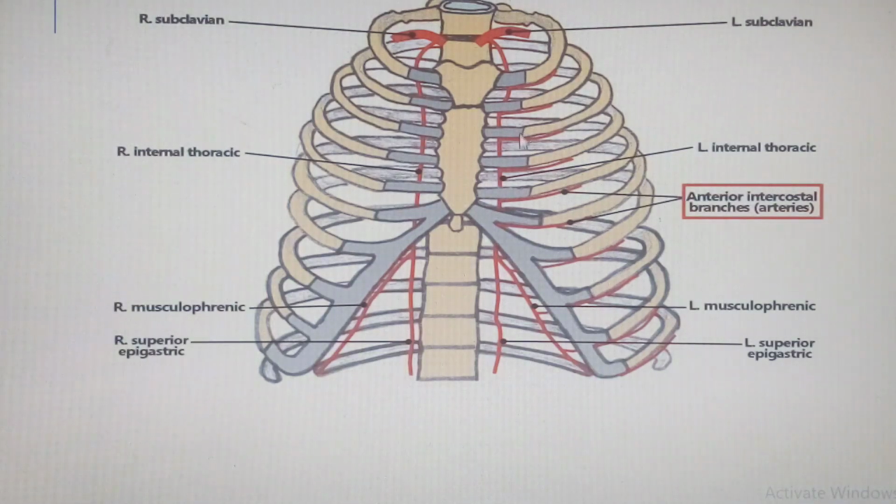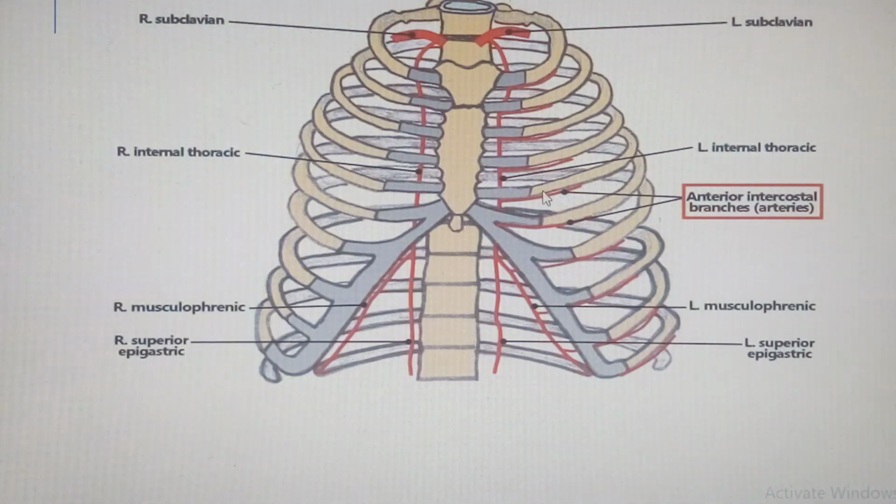Other branches that we are going to see include the musculophrenic artery. Remember, the word musculophrenic means it has something to do with the diaphragm, but essentially it gives rise to the lower 3 intercostal arteries.